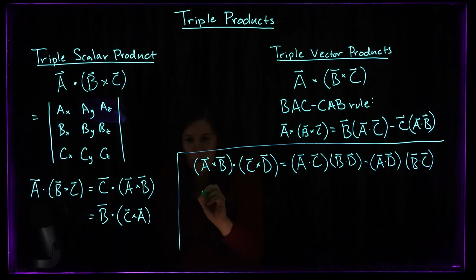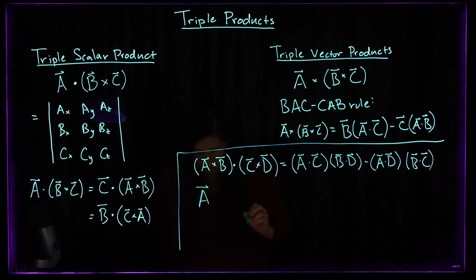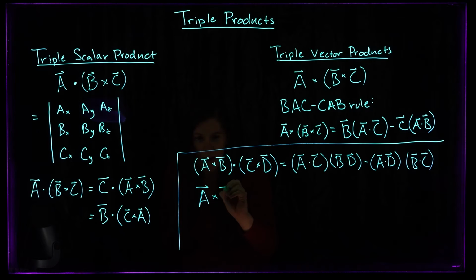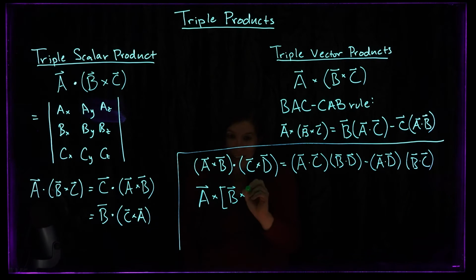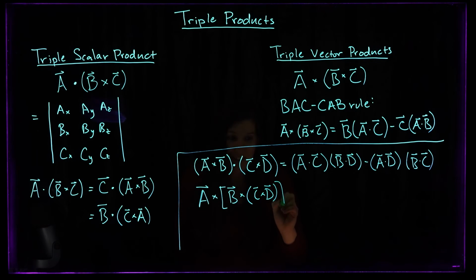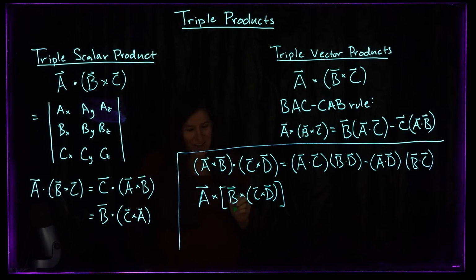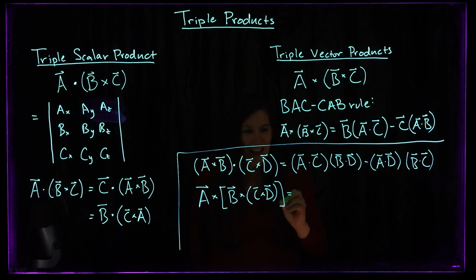And then one more, last one I'll give you is A cross B cross C cross D. This is like a 4 vector product, right? And it turns out this also can be simplified.